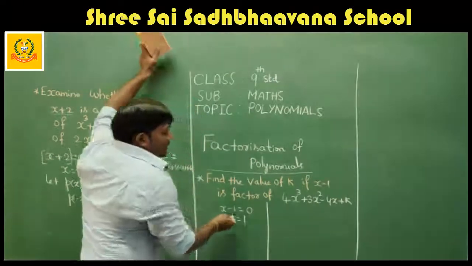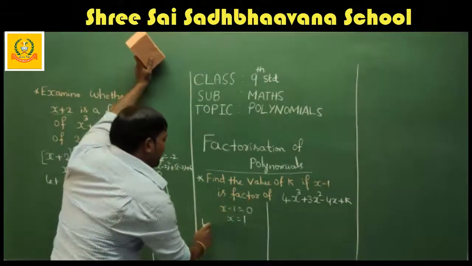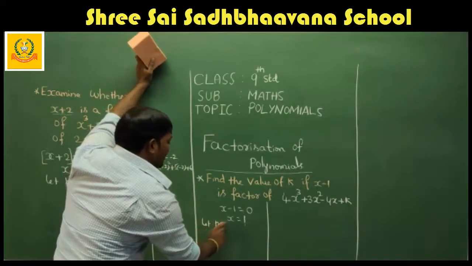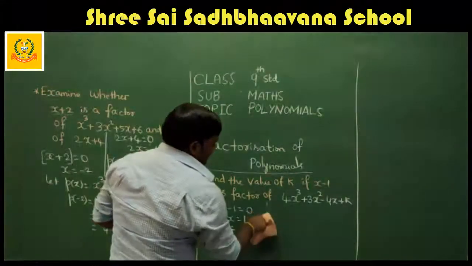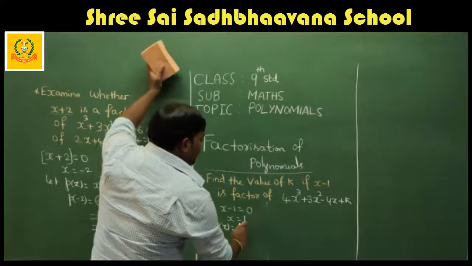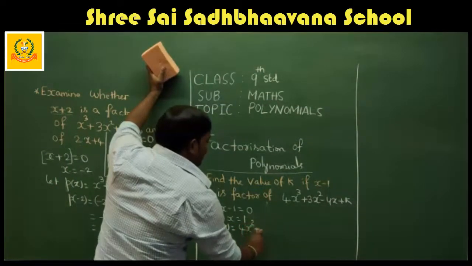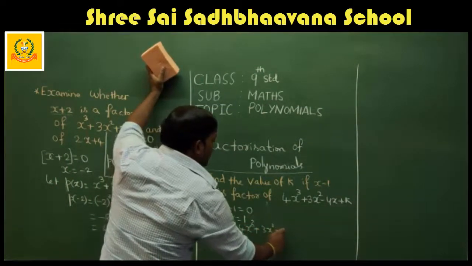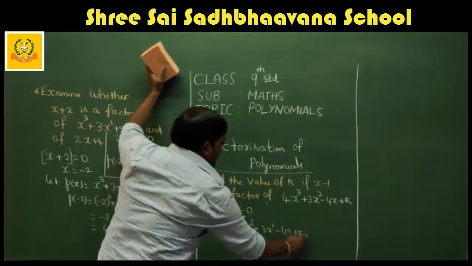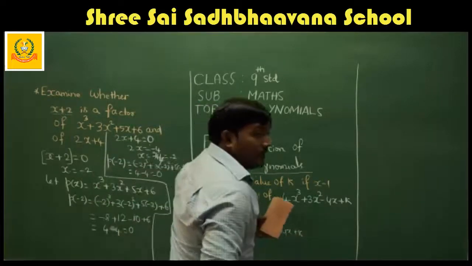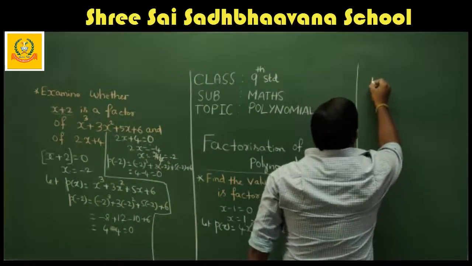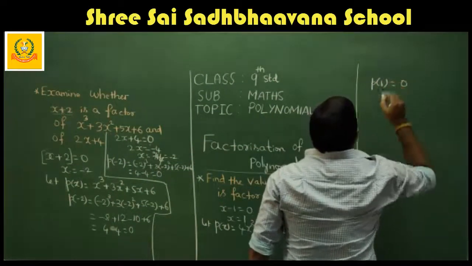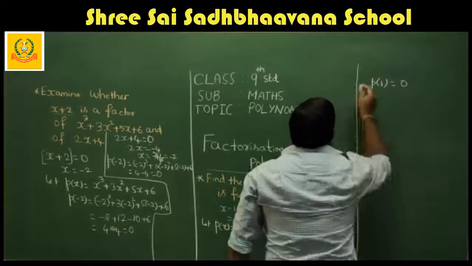So let p of x be the given polynomial, 4x cubed plus 3x square minus 4x plus k. Whenever you substitute x as 1, it should be equal to 0.